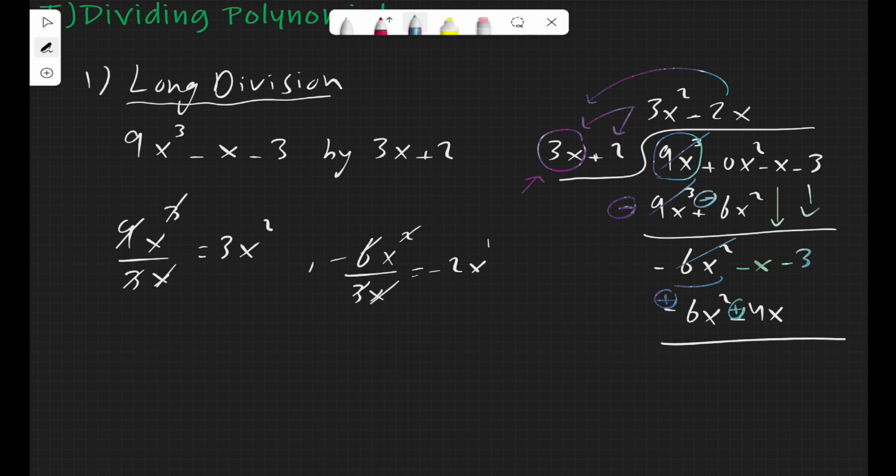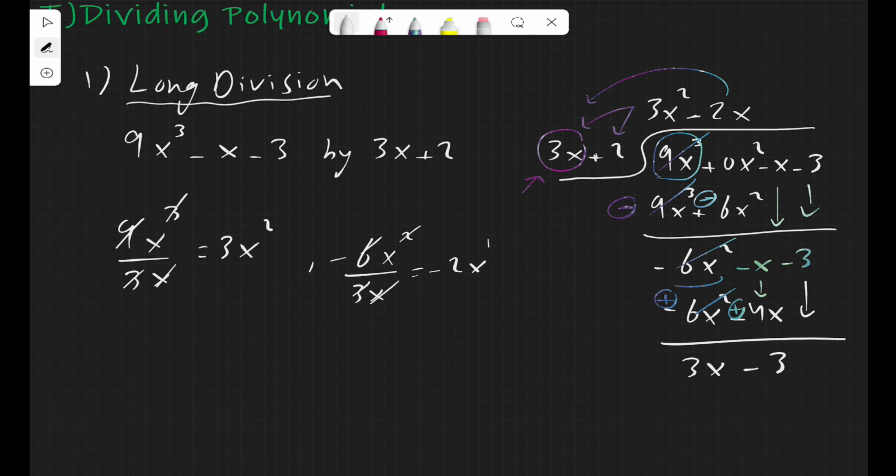Adding, we get 6x^2 minus 6x^2 cancel each other. Negative x plus 4x is 3x. And about negative 3, the same.